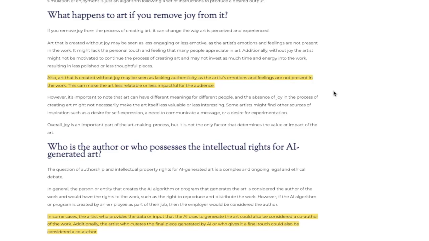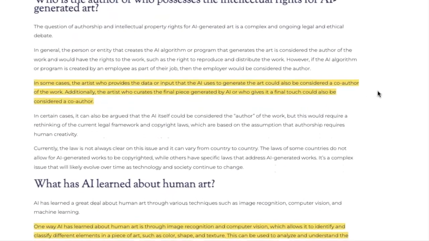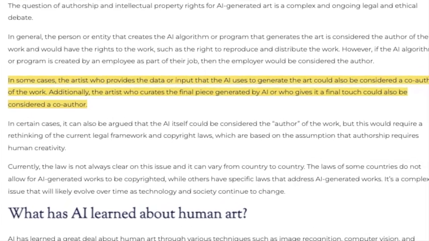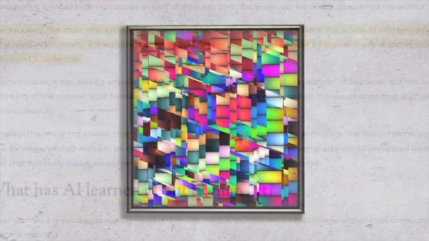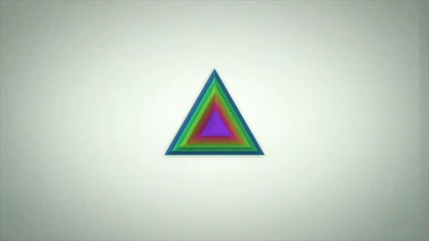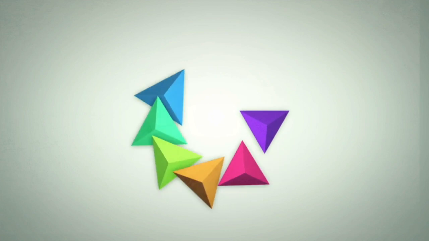Who is the author or who possesses the intellectual rights for AI-generated art? In general, the person or entity that creates the AI algorithm or program that generates the art is considered the author of the work and would have the rights to the work, such as the right to reproduce and distribute the work. However, if the AI algorithm or program is created by an employee as part of their job, then the employer would be considered the author.